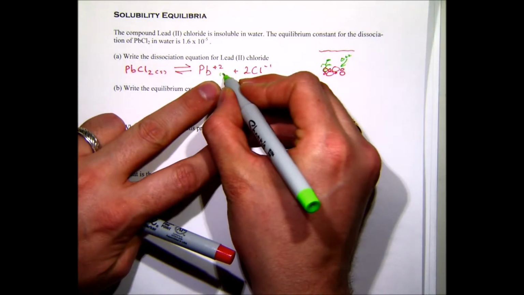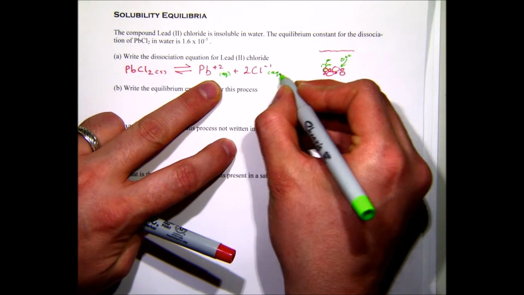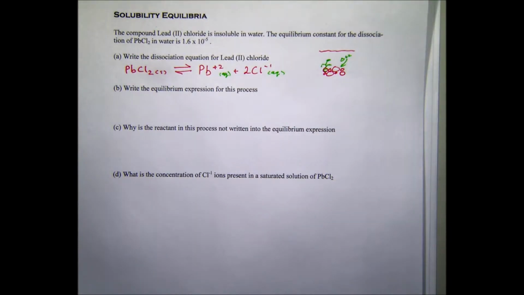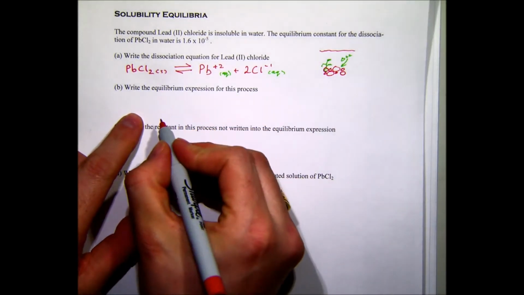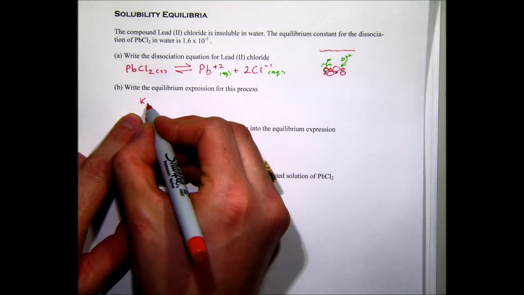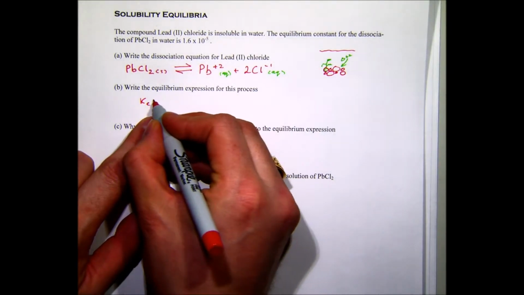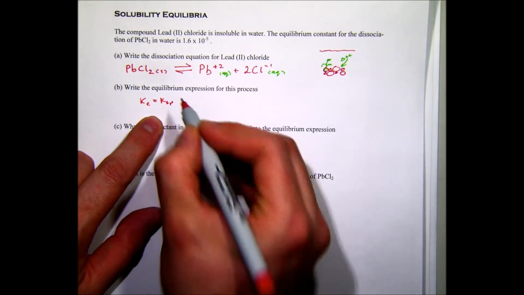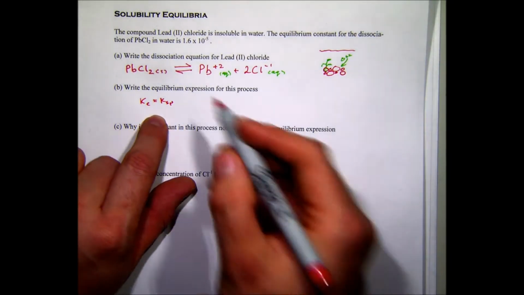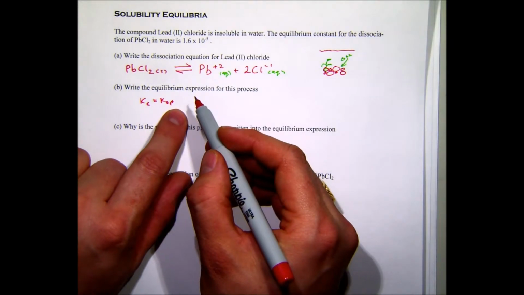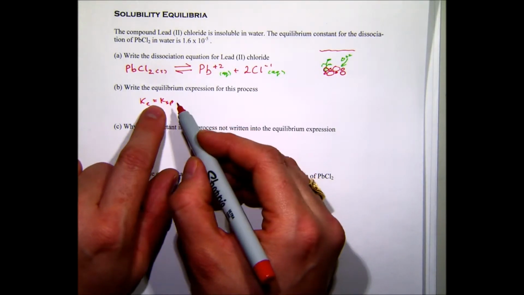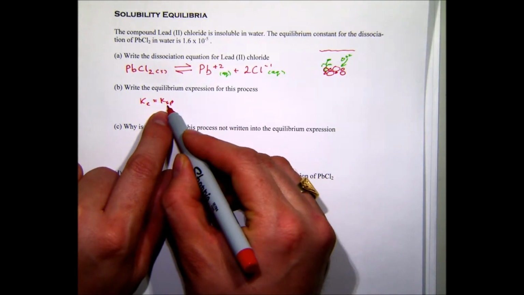So these compounds, because they're ions, they have to be aqueous. I'm just going to note that in green. So the next thing that we do is we write the equilibrium expression for the process. So we can write Kc. We will learn that there's a better subscript for that. It's called Ksp, or the equilibrium constant for the solubility product.